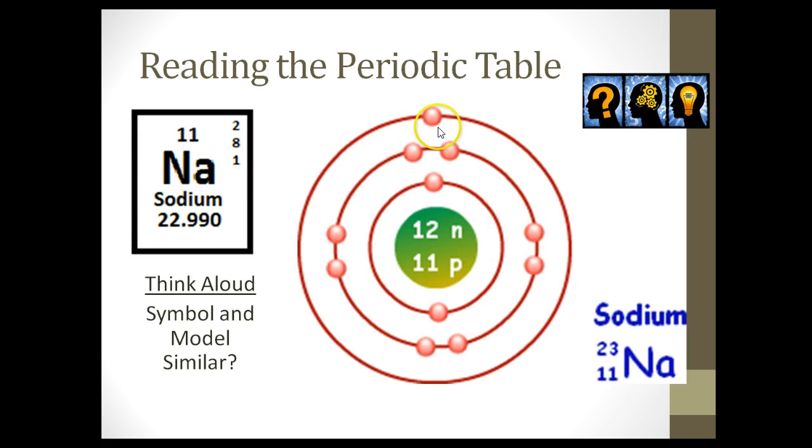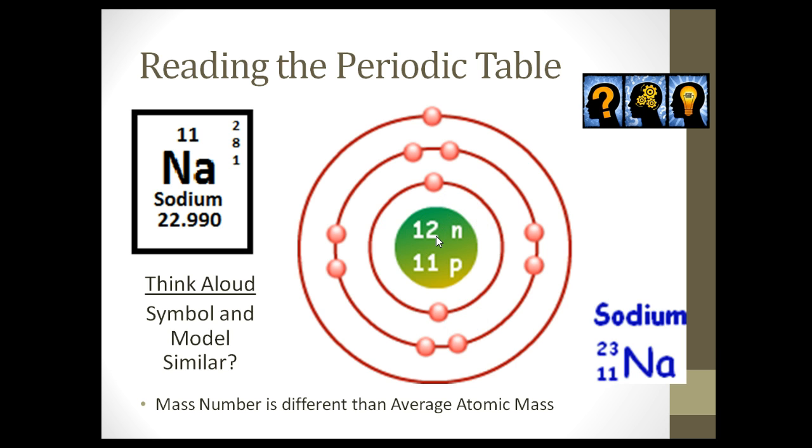Now there's nothing saying Na on here, just 11 protons means it's sodium. That gives you the name. 22.99. There is a connection between this average atomic mass and this model over here. If you figure it out, it's if you add the two numbers here, 12 and 11. 12 plus 11 is 23, right? I almost said 13. Ooh, that was close. It is 23. And that's going to be our mass number. So mass number is different than average atomic mass, right?